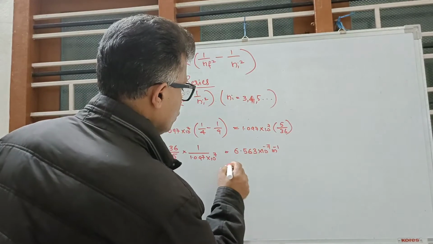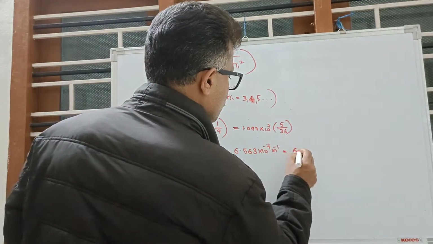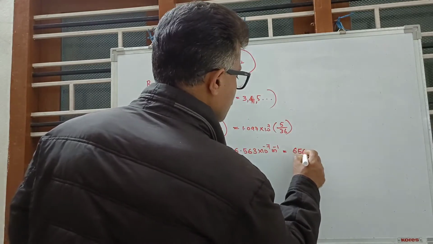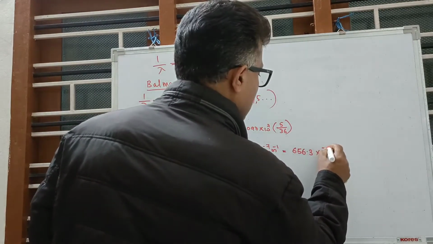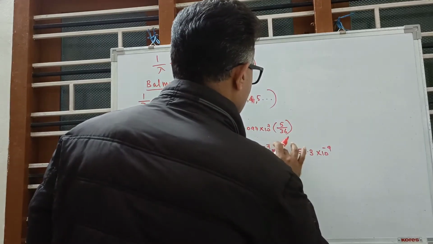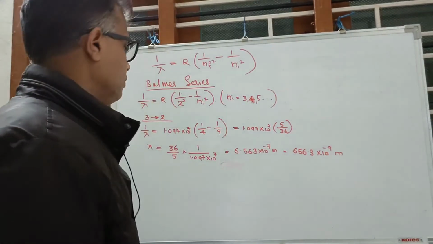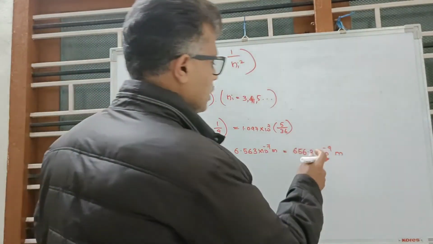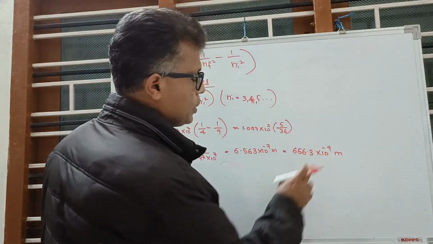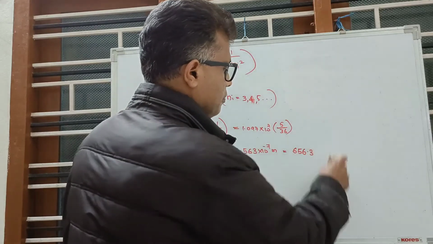So it is equal to 656.3 into 10 raised to minus 9 meters. Okay, this is how much? This is in nanometers. I am just removing this 10 raised to minus 9. It is a nanometer.